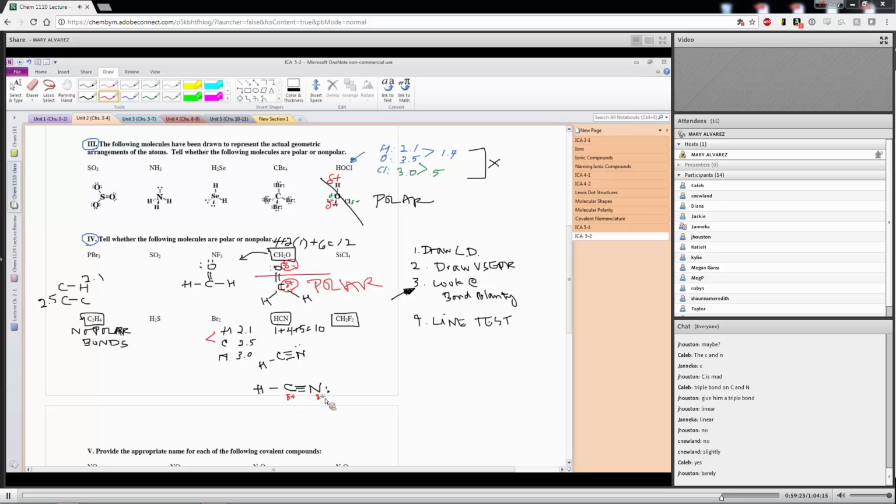Notice how I'm making these really teeny. Teeny positive, teeny negative, because it's barely. So was this molecule then polar? Does it pass the line test? Sure does. It's a very slightly polar molecule.